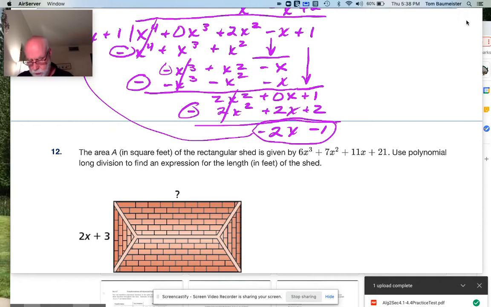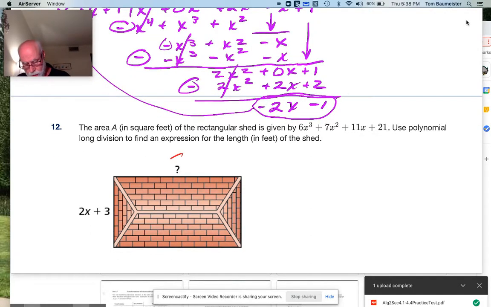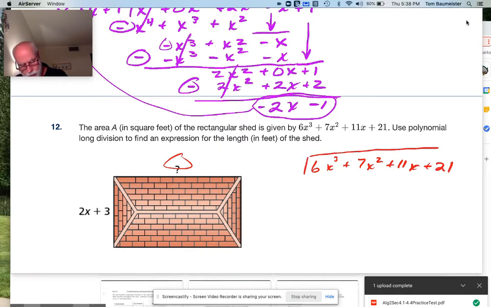So what they want us to do is we need to find this. So we're going to take our 6x cubed plus 7x squared plus 11x plus 21, and we're going to divide that by 2x plus 3.